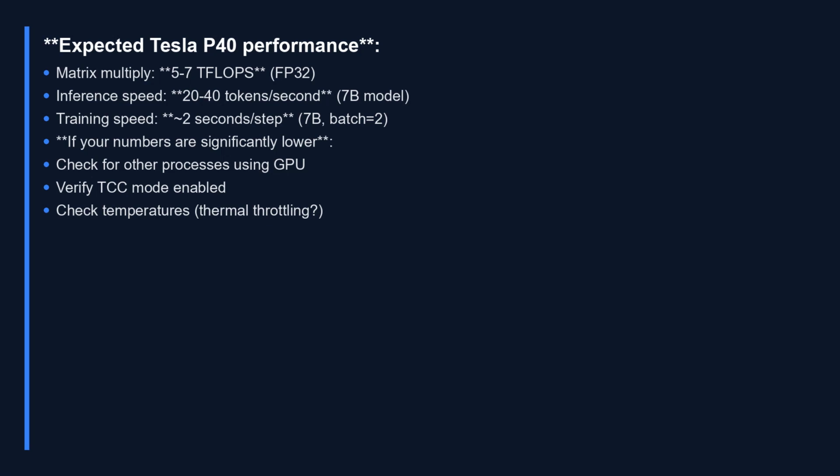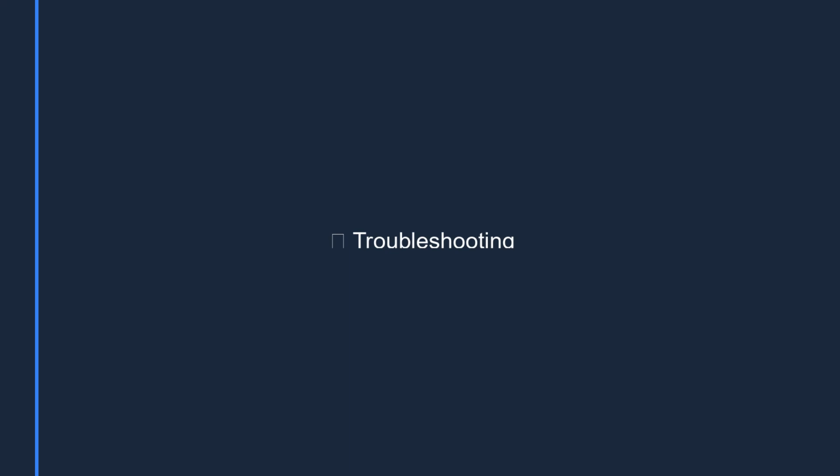Expected Tesla P40 performance: matrix multiply 5-7 TFLOPS FP32, inference speed 20-40 tokens per second for a 7B model, training speed approximately 2 seconds per step for a 7B model with batch size 1. TCC mode enabled. Check temperatures for thermal throttling. Troubleshooting.